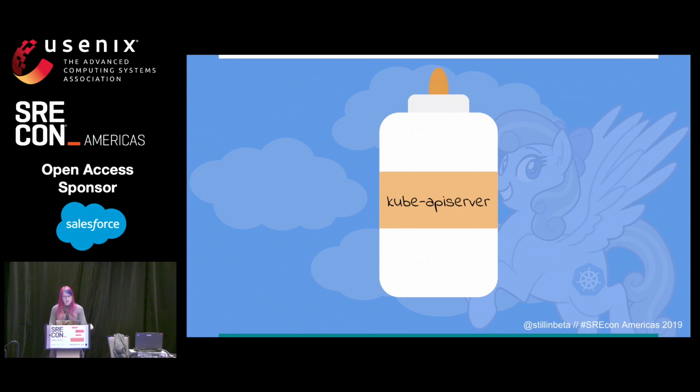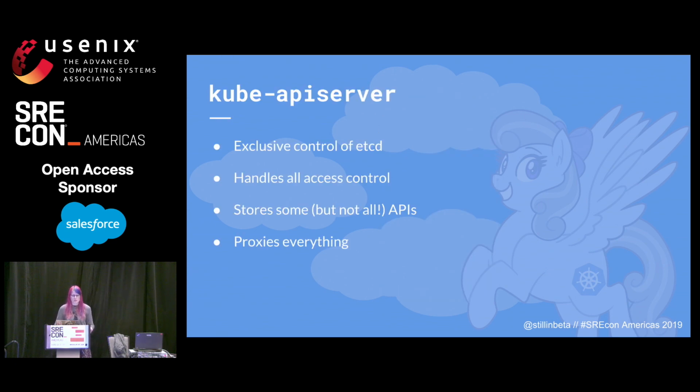So I like to think of the API server as the glue that holds everything together. It's the only thing that's allowed to talk to etcd because it's where all of the authentication lives, but most of the actual processes carried on by Kubernetes aren't done by the API server itself. It's really just responsible for validating requests and storing objects.